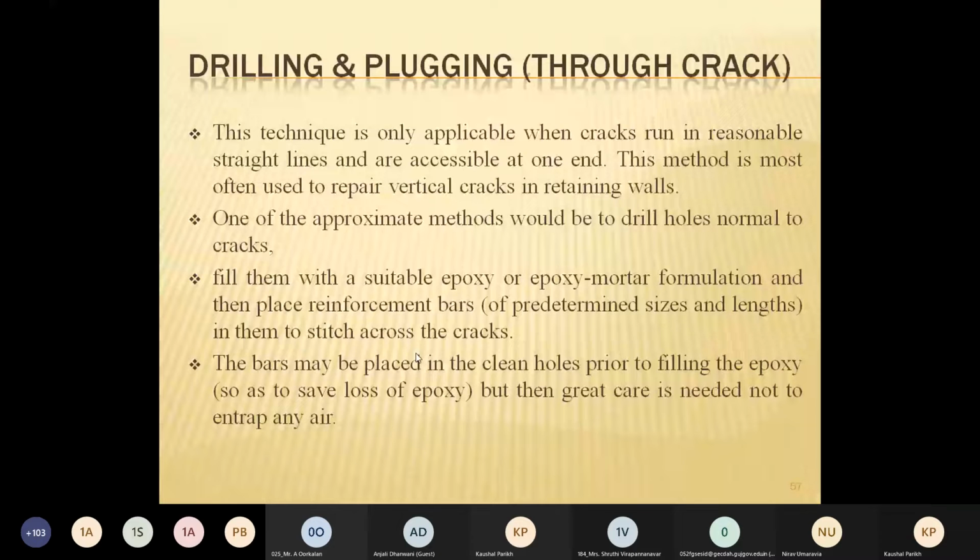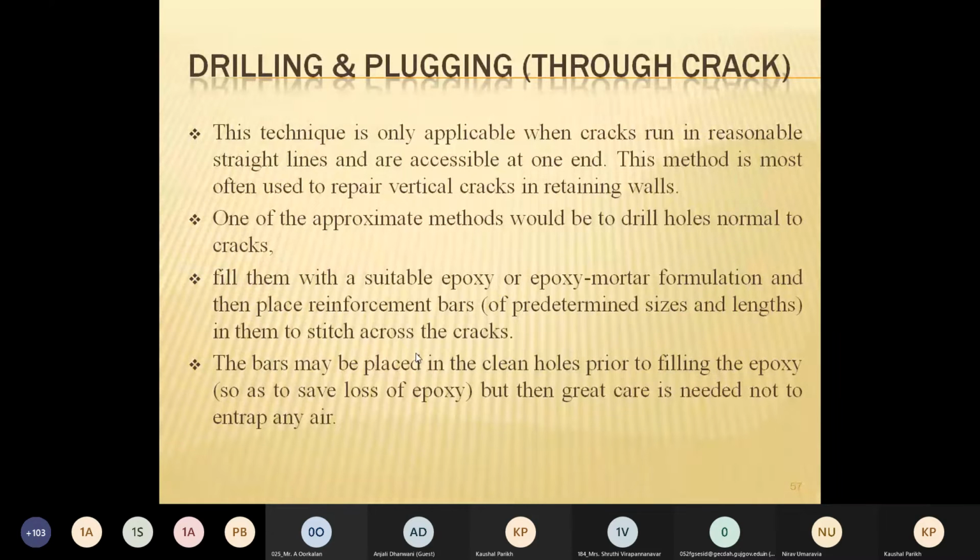One appropriate method is to drill holes normal to the crack, fill them with a suitable epoxy or epoxy mortar formulation, and then place reinforcement bars of predetermined size and length in them and stitch across the cracks.